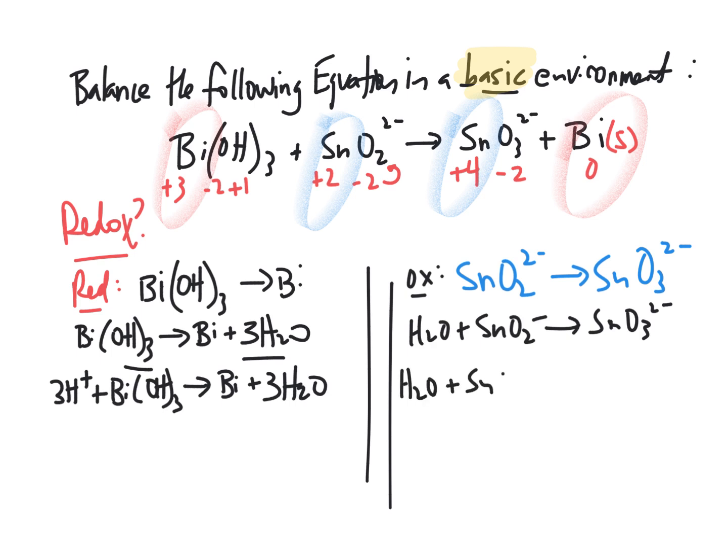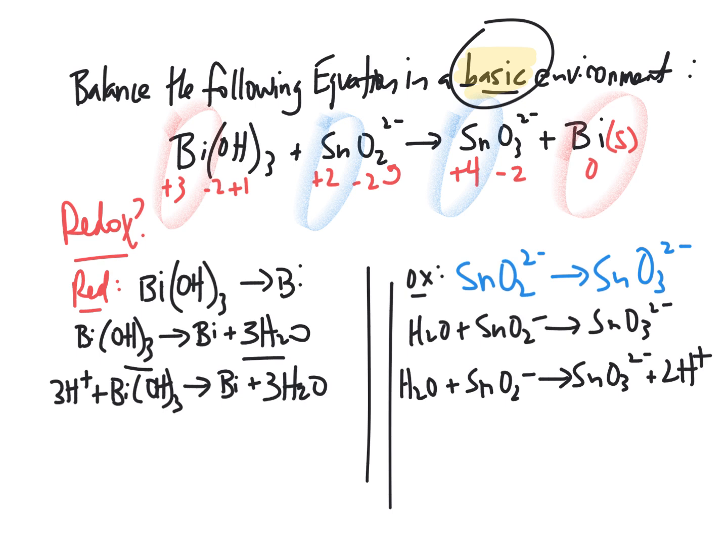So again, even though it's basic, we're going to temporarily add H pluses, and then we're going to get rid of them because they can't really be there. If it's a basic environment, you can't have H plus floating around. That is a characteristic of an acid. So what do we do? Well, to deal with this, you actually add hydroxides on both sides to cancel them out, okay?